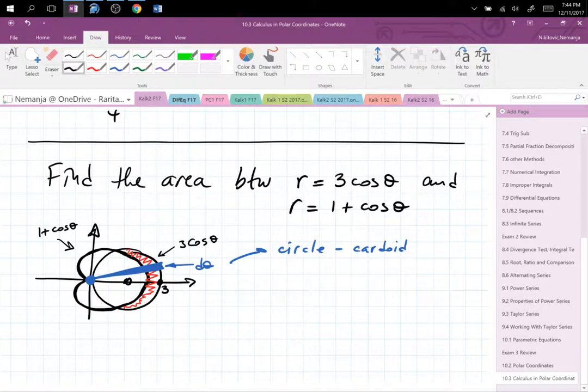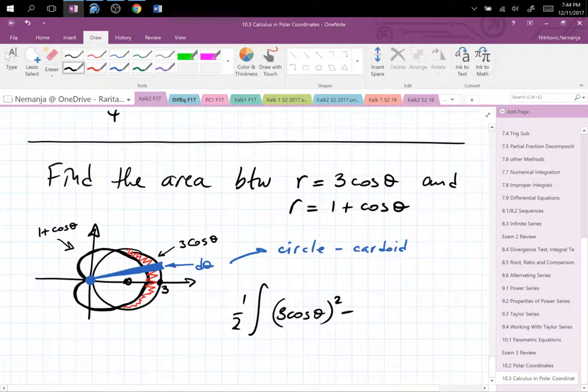Well, that's cool. So now I have 1/2 integral of the circle, that's 3 cosine theta, squared, minus the one that is close by, which is 1 plus cosine theta for the cardioid, squared, all of that in big parentheses d theta. Now, what are my limits?